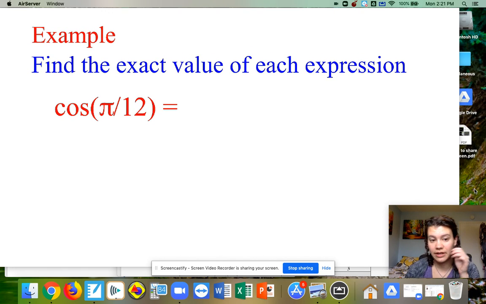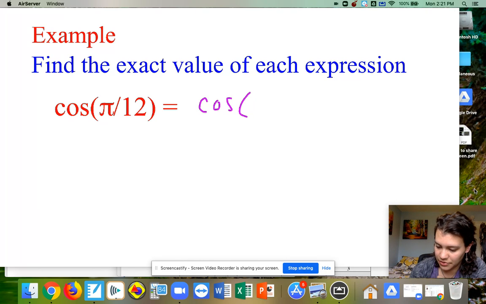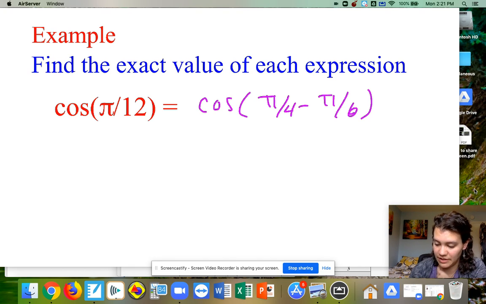All right, so here we have cosine of pi over 12. Same idea, it's just going to be a little bit more complicated to figure out what two things add together or two things subtract because it's fractions and it's radians. But I'm going to do cosine of pi over 4 minus pi over 6. How I get this, I'll write it down and erase it, is if you think of this, you have pi over 12, right?